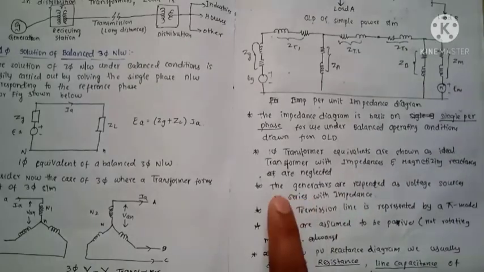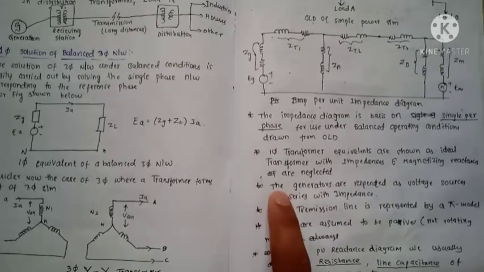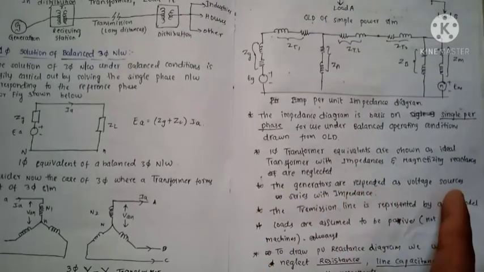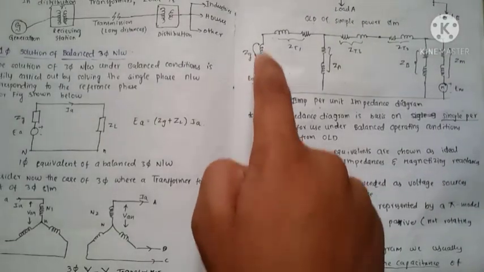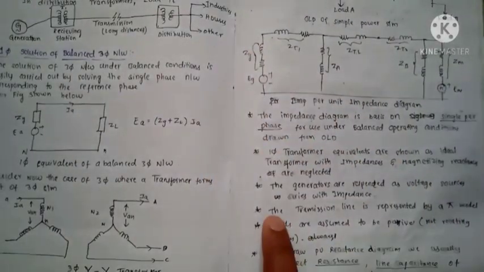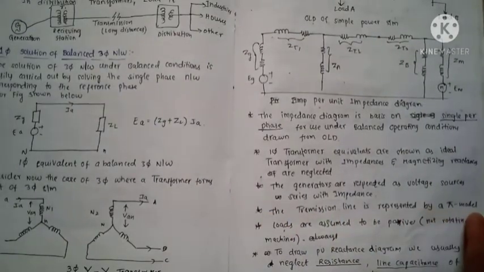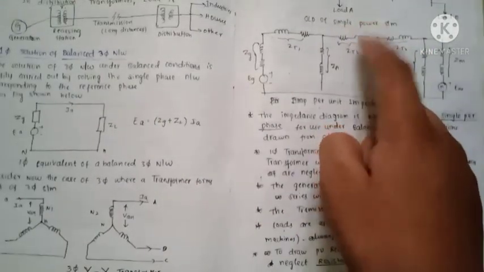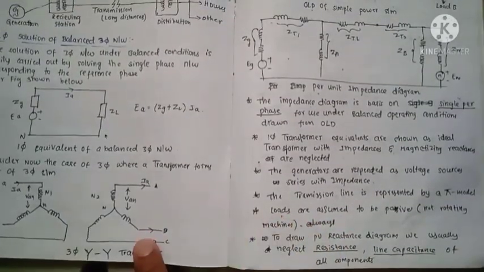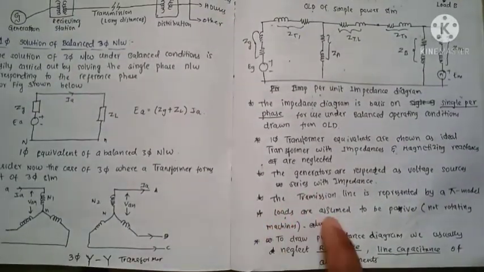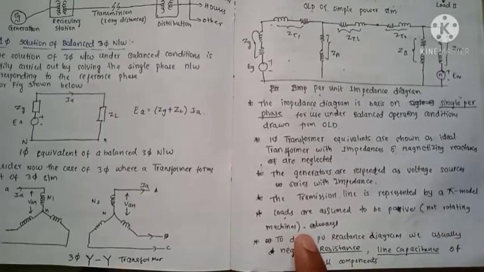Third point, the generators are represented as a voltage in series with impedance. The transmission line is represented by a pi model. Next, loads are assumed to be passive, not rotating machines.